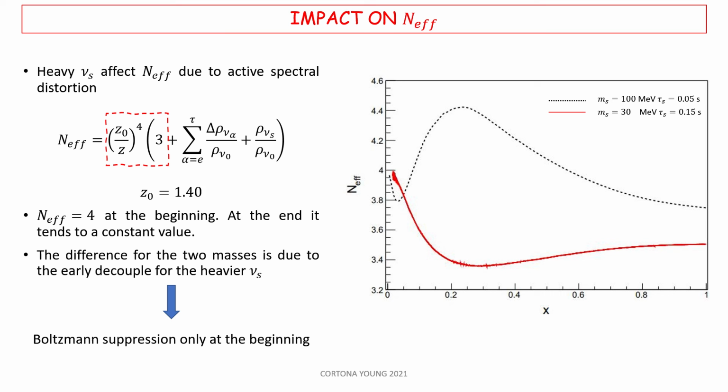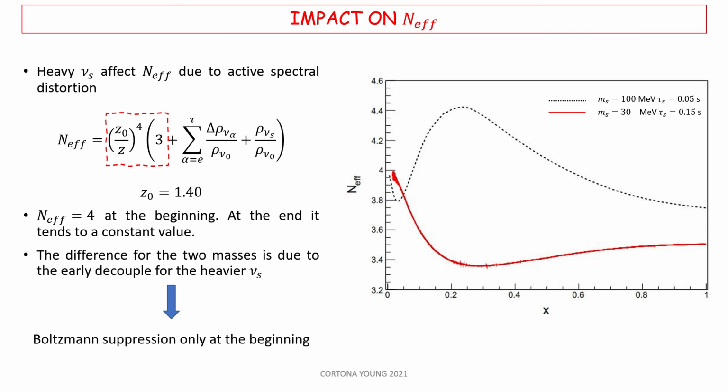So N effective at high temperature starts from a value of 4 and then decreases until a stable configuration. There are two main situations for N effective. We have the situation for light mass, where N effective always decreases and then arrives at a stable configuration. This is because these sterile neutrinos with light mass, almost 30 MeV, are always in equilibrium with the active and electromagnetic plasma, and so they suffer a Boltzmann suppression.